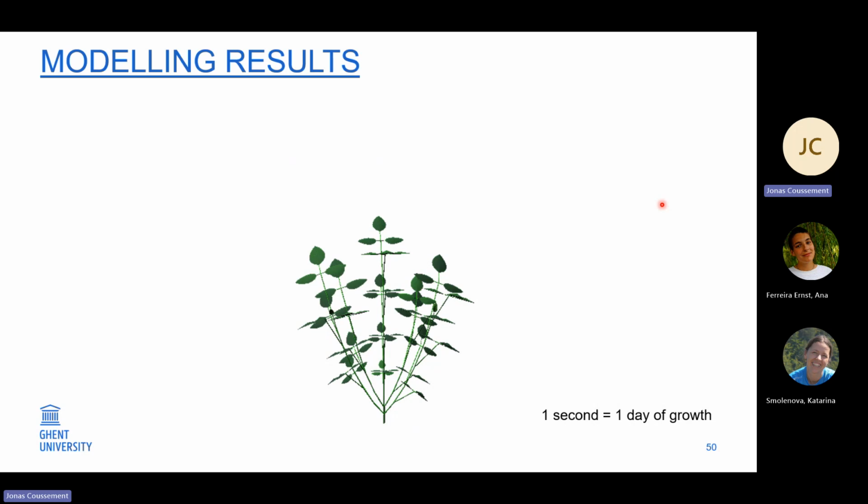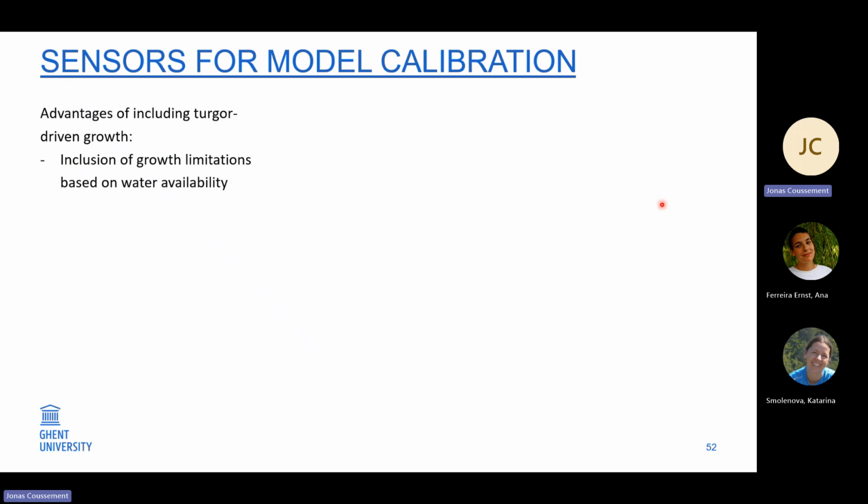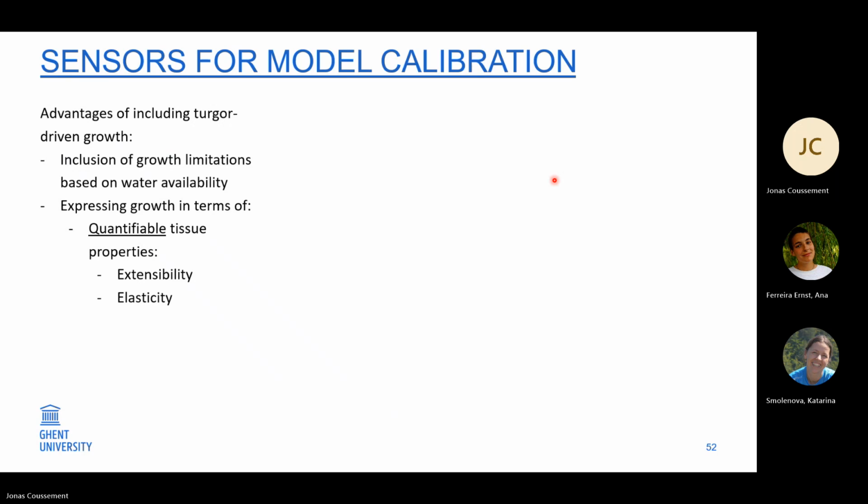And then I have a final slide about the sensors that you can use, because we're modeling all new types of processes and parameters. One of the advantages of using this turgor-driven growth approach is that you include the growth limitations based on water availability, but also that we're expressing growth in terms of quantifiable things.